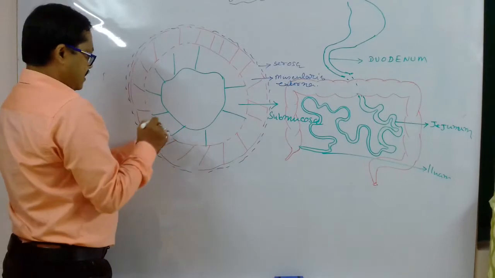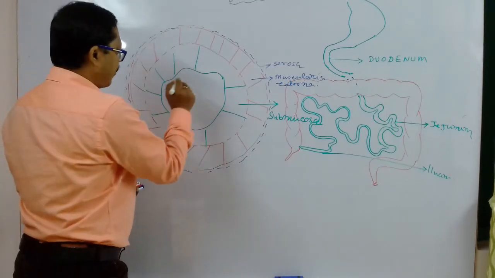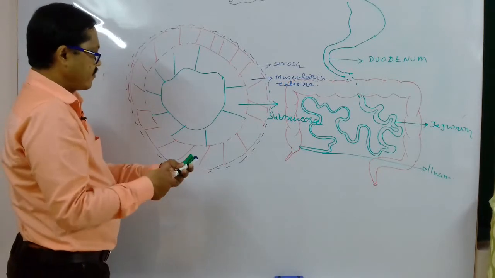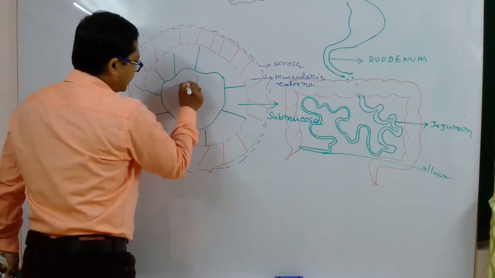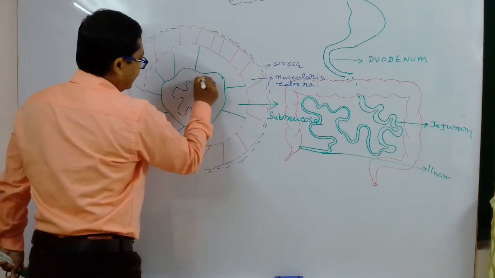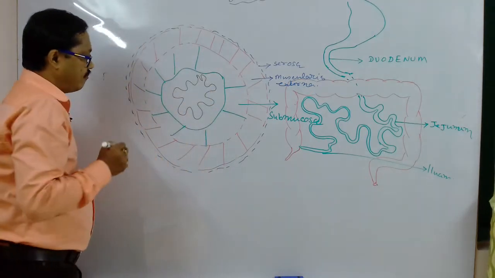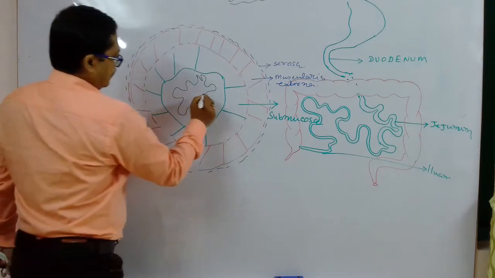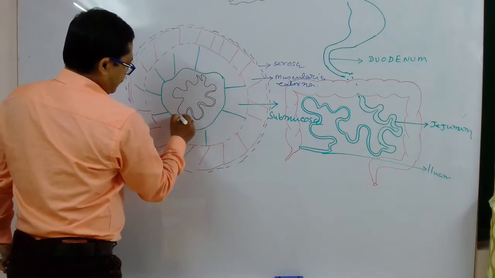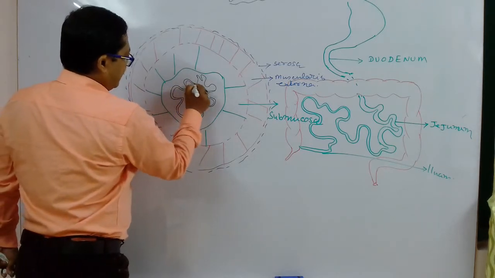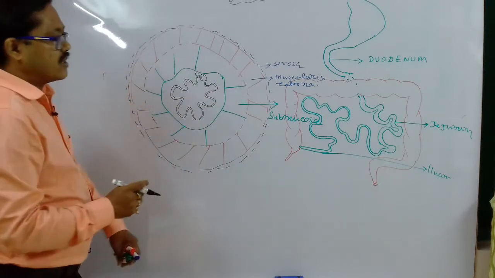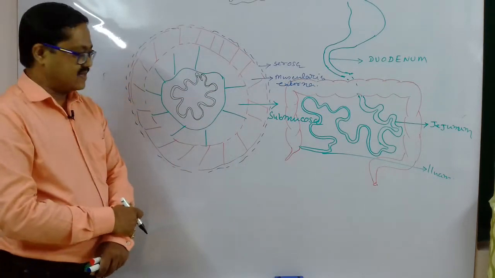The innermost layer is very important, and the innermost layer is the mucosa. It is a highly convoluted structure found in the duodenum, jejunum as well as ileum. Just like other parts of the alimentary canal, two nerve plexuses are present.